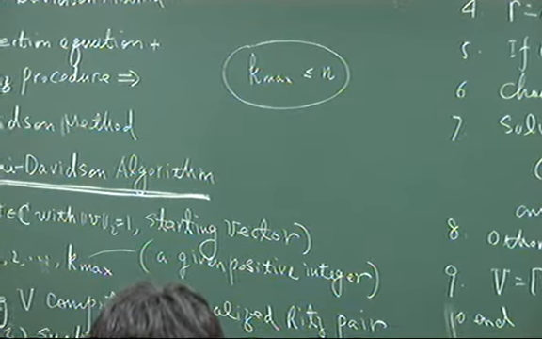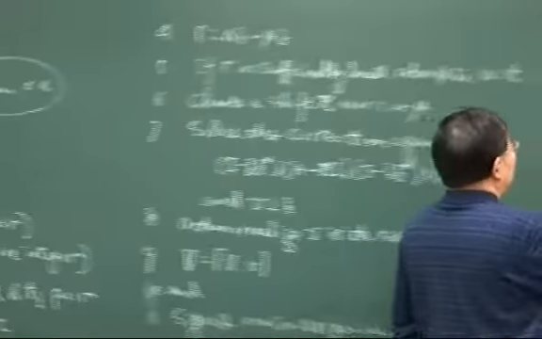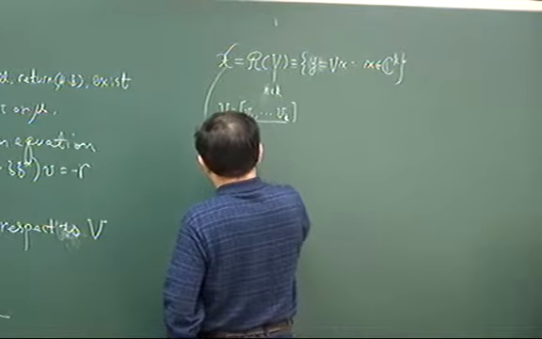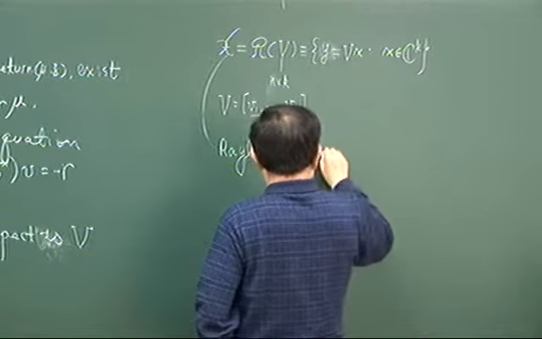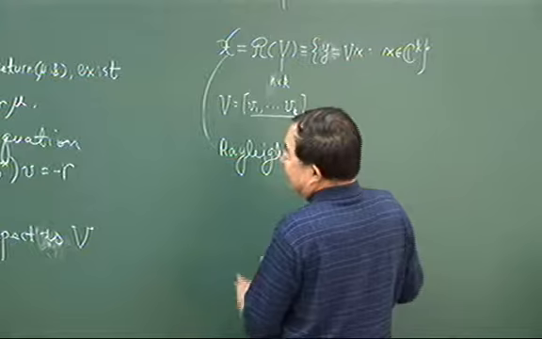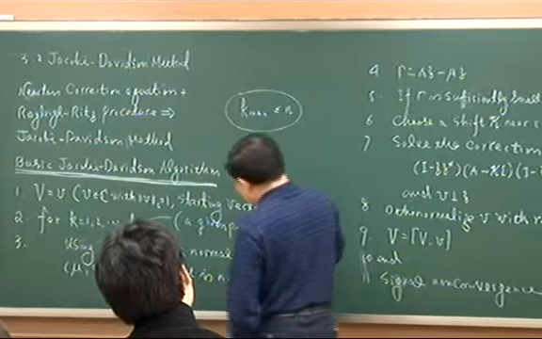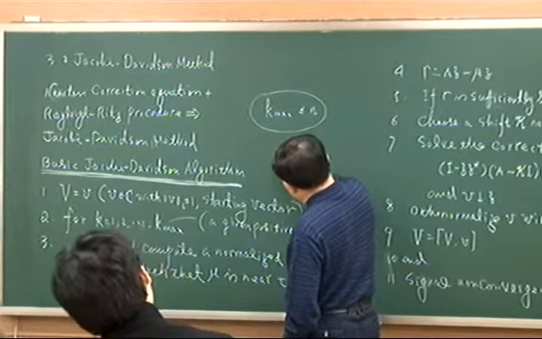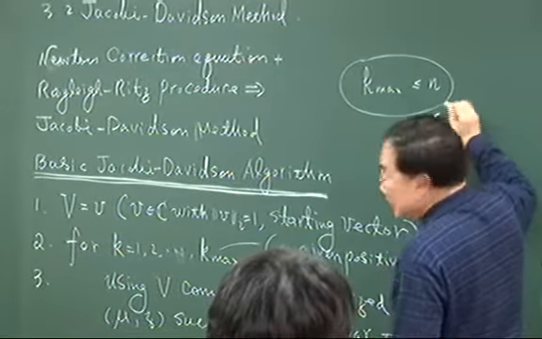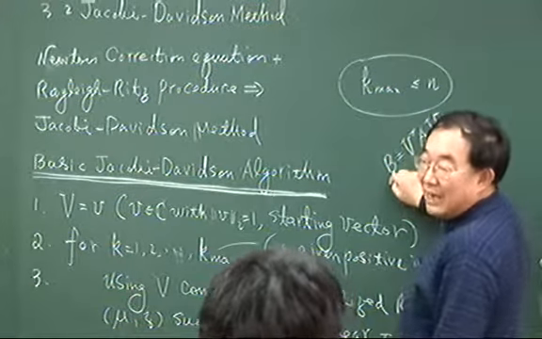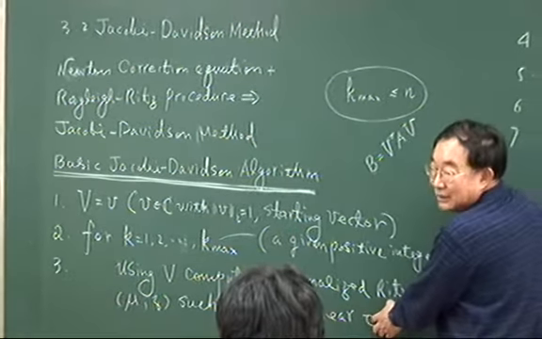So here is the method. We use this subspace, then use the Rayleigh-Ritz method to get some eigenvalues. In fact, it's just getting the matrix V star A V, then computing eigenvalues and eigenvectors, trying to get those near this tau.